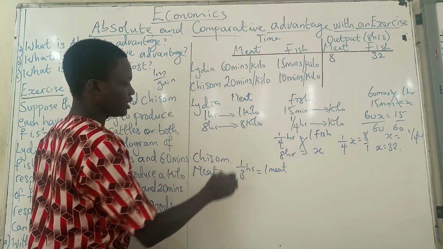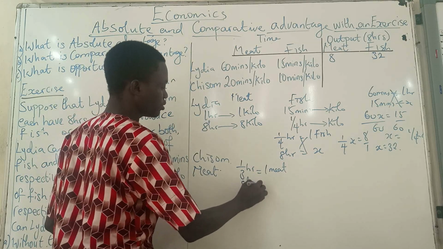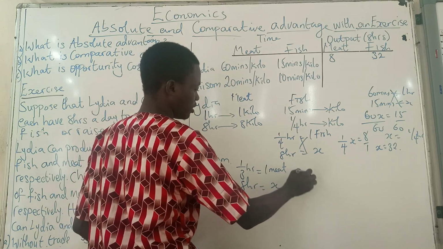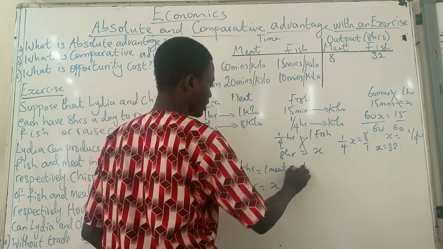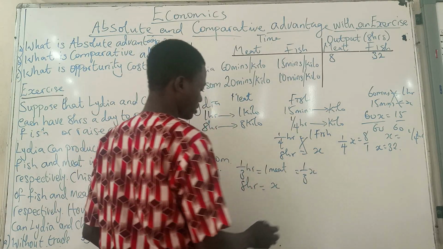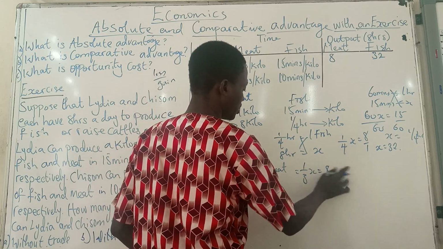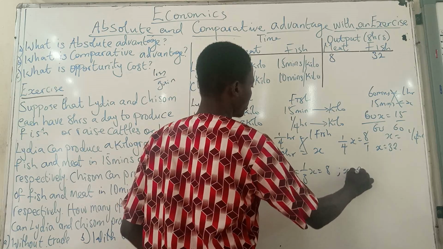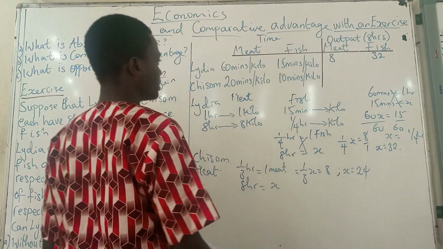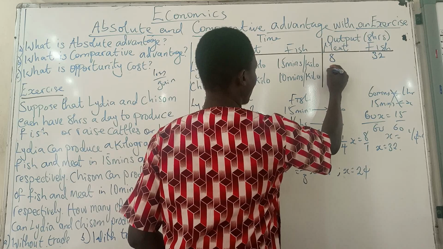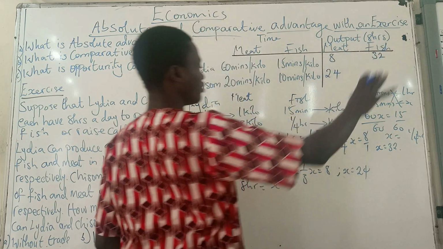So then in 8 hours, what is she going to produce? That equals x. So we have 1/3 x equals 8, and then x equals 24. So she will be producing 24 kilo of meat in 8 hours, and no fish at all.